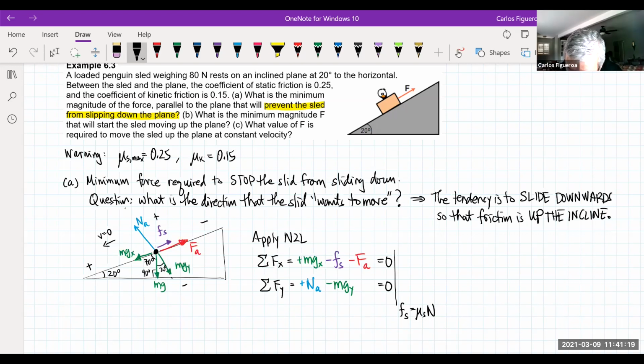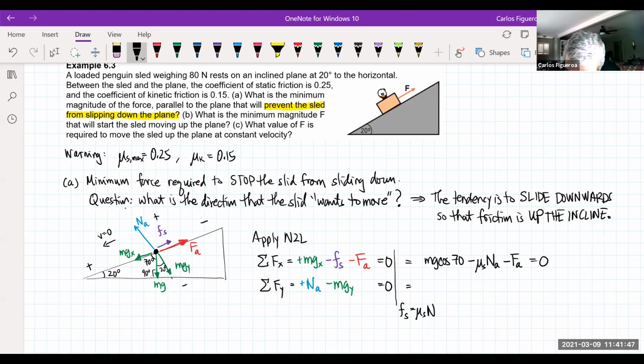So what do my equations look like? Well, my equations now look like this. I have mgx, so I'm going to write mg cosine of 70 minus mu of s times the normal of A minus FA equals 0.